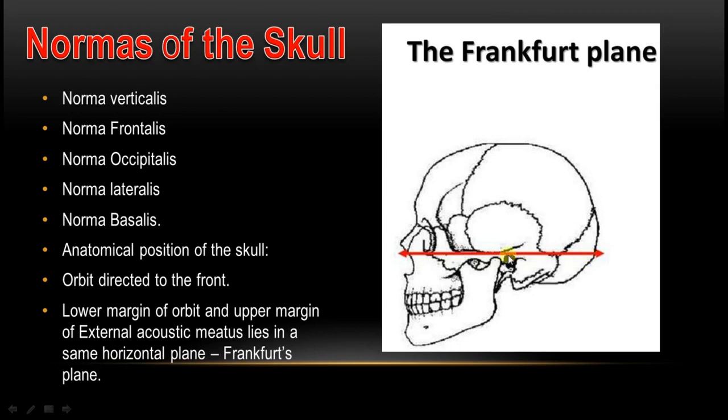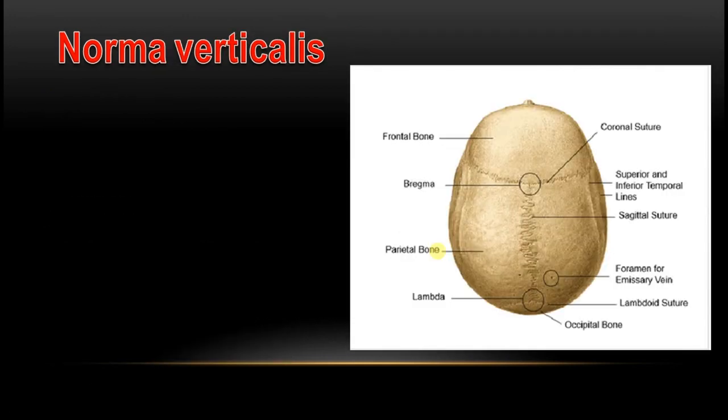It should lie in the same horizontal plane, and that is called the Frankfurt's plane. This is universally accepted as the anatomical position of the skull, and the skull is studied by holding it in the Frankfurt's plane.